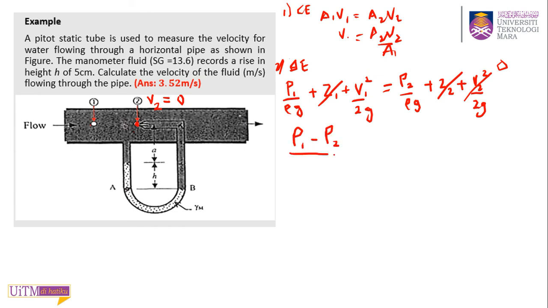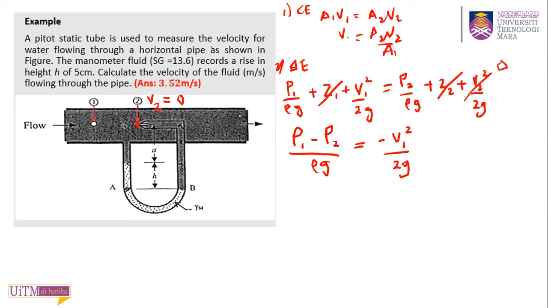Okay, always make a habit of bringing P1 and P2 to one side, so that you can write in terms of pressure difference. So P1 minus P2 over rho g equals minus V1 squared over 2g. So this is your Bernoulli equation. And next, what do we do?